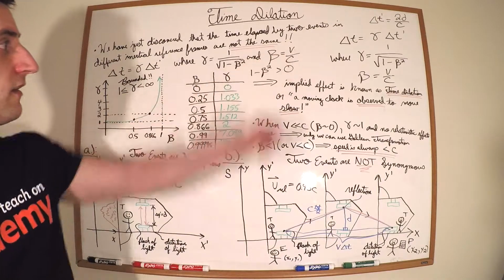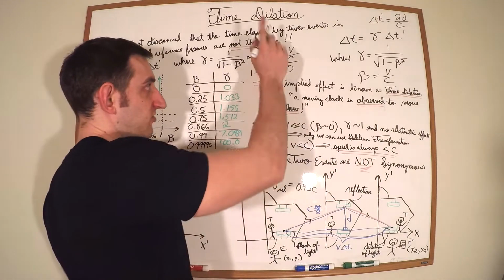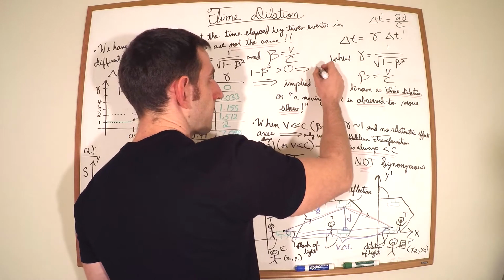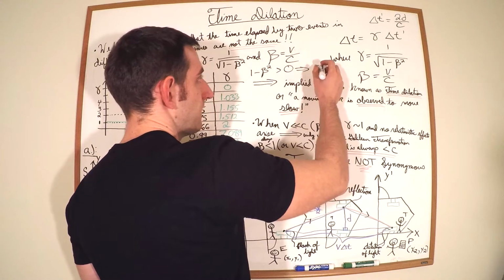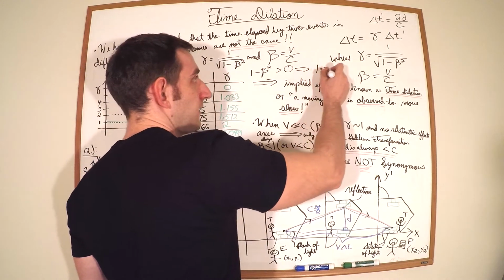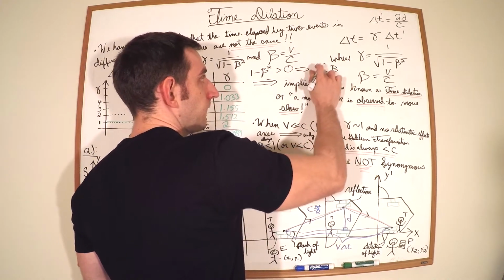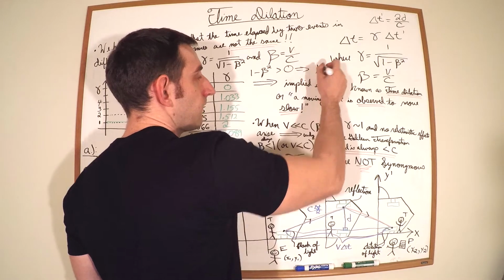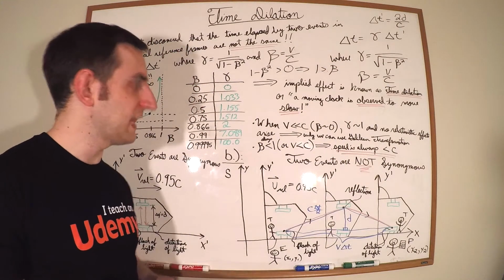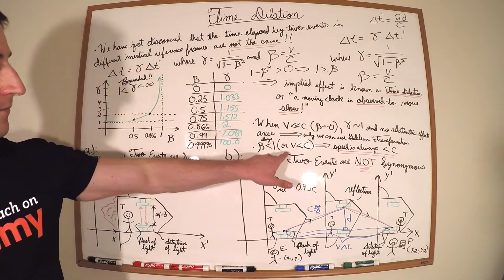So if you bring beta squared over there, take the square root, that doesn't change much. You get beta is less than 1. Okay, well, what does that tell us? Right here.